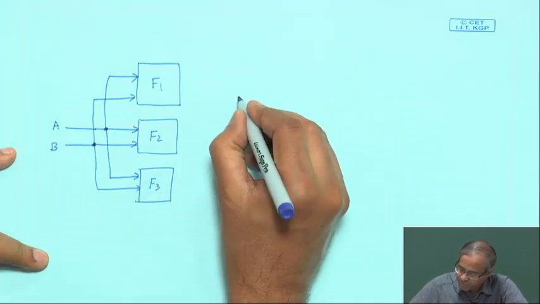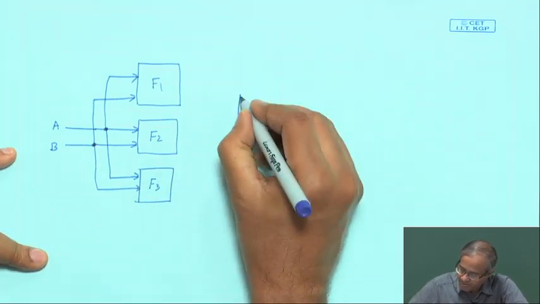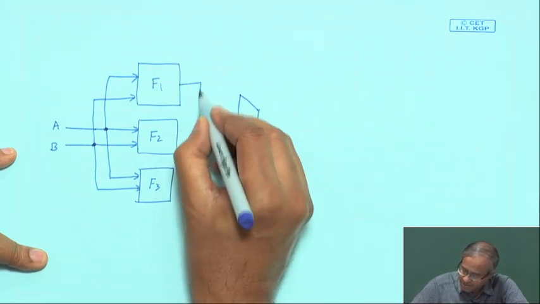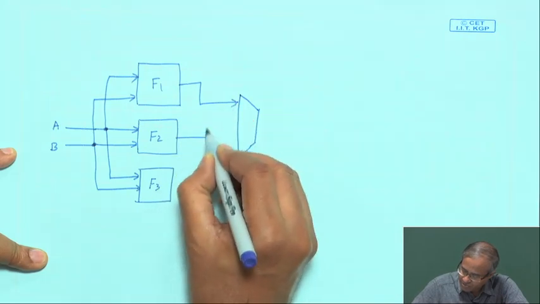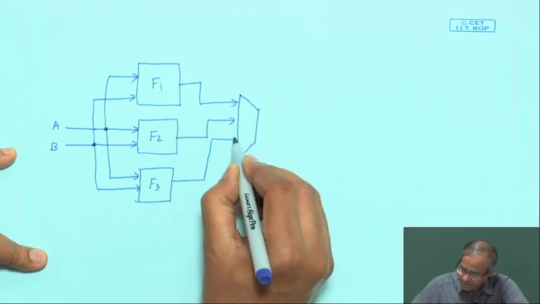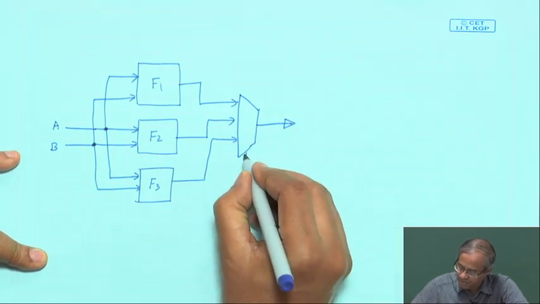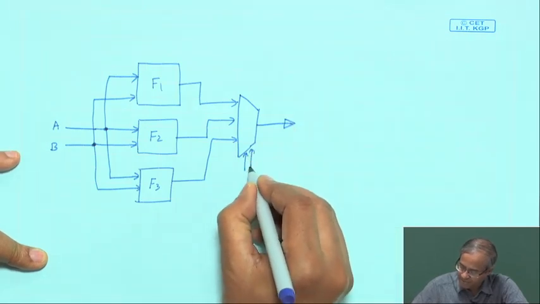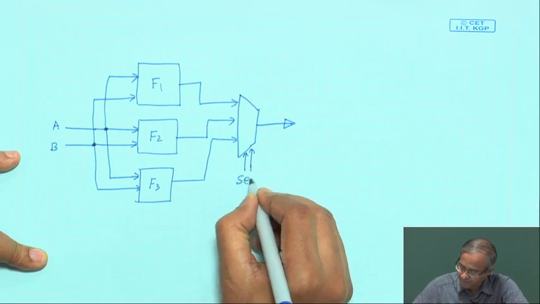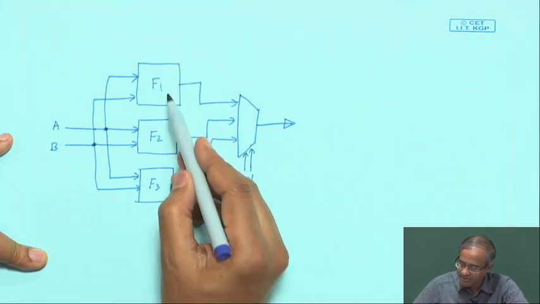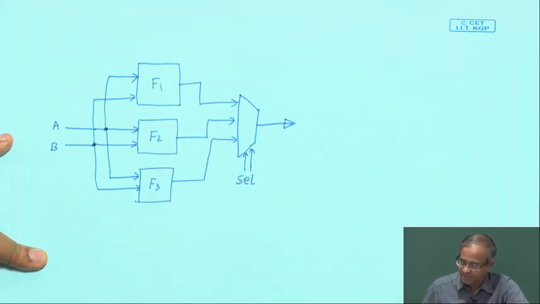At the output side, we use a multiplexer which will take the outputs of these functional blocks and select one of them to the output depending on some select lines. This select line will give the signal whether I need to do addition or subtraction or multiplication.